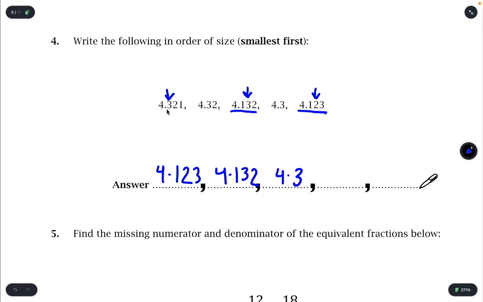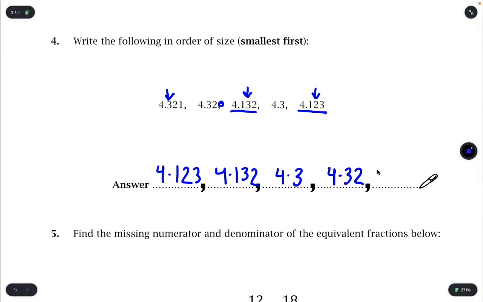Now, if we compare 4.321 and 4.32, it's a similar case to before. They both have 4.32, but this has 0 thousandths, whereas this has 1 thousandth. It's 1 thousandth bigger, not much, but it does still count. And so this, being 4.320, is actually smaller than 4.321. So we're not going to write 4.320, we'll write it as it originally was, which is 4.32, although they mean the same thing.